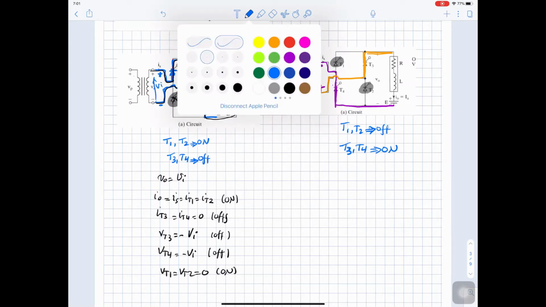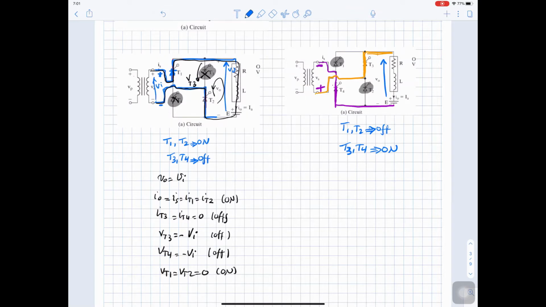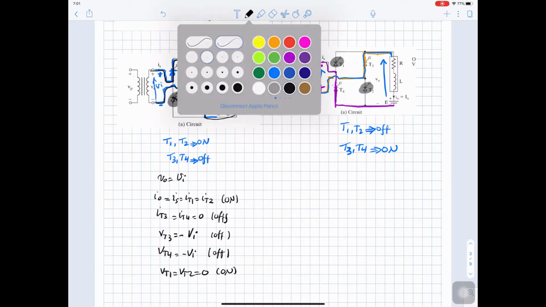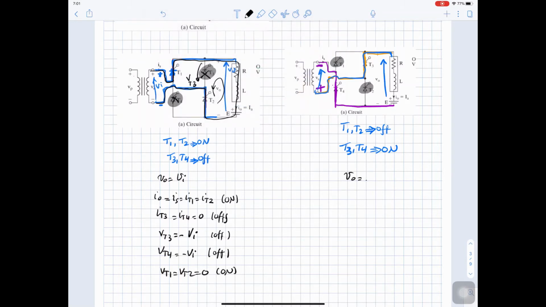Now as you can see, V out is Vn but reversed. Your positive is connected to the negative of the arrow of V out. So we can see that V out equals negative Vn. And I out, don't forget, is constant because of the inductance.